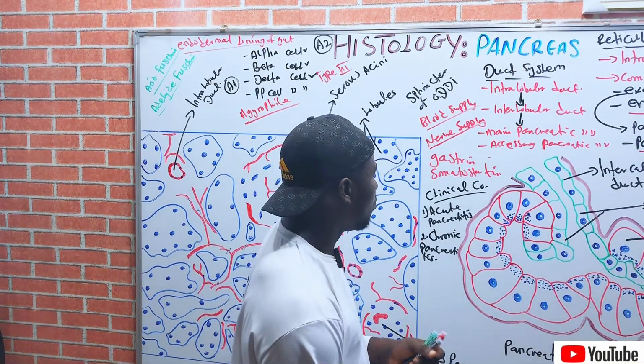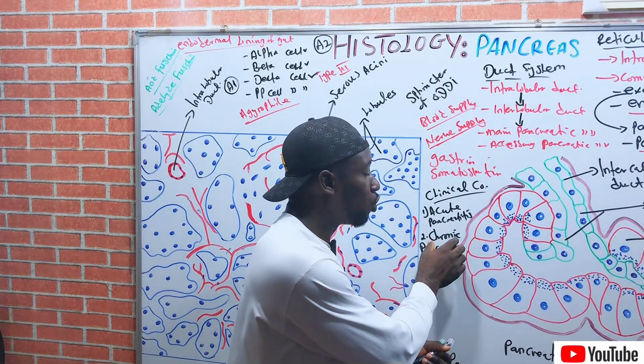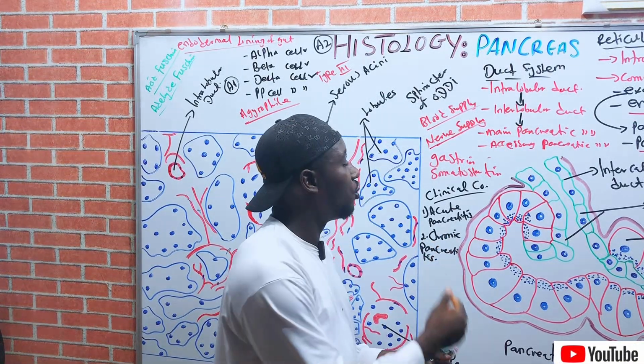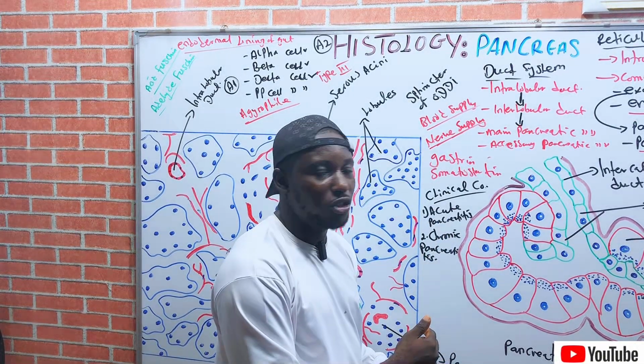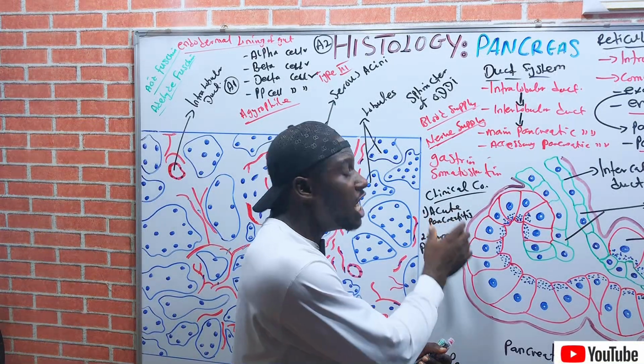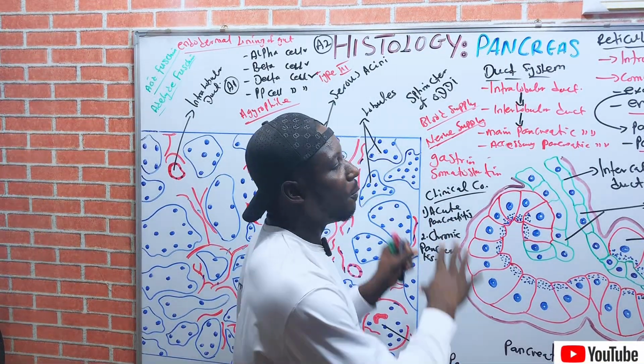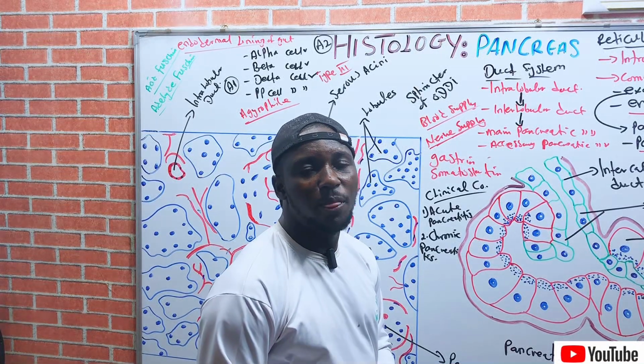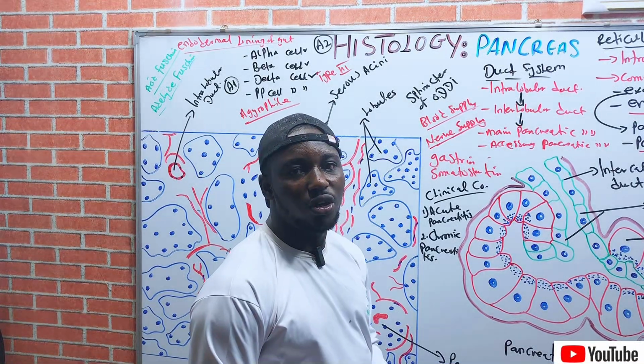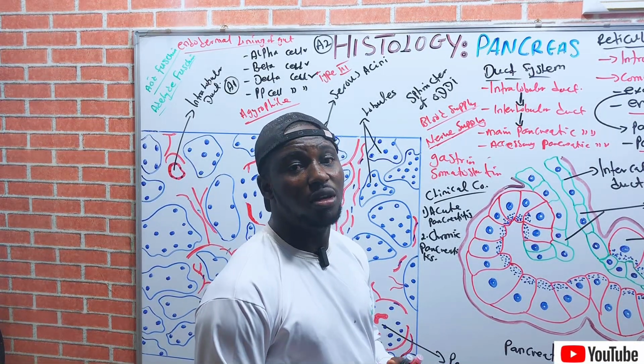That means before it gets to chronic, it might have been in an acute state. So it is the worsened state of acute pancreatitis that results in what? Chronic pancreatitis.